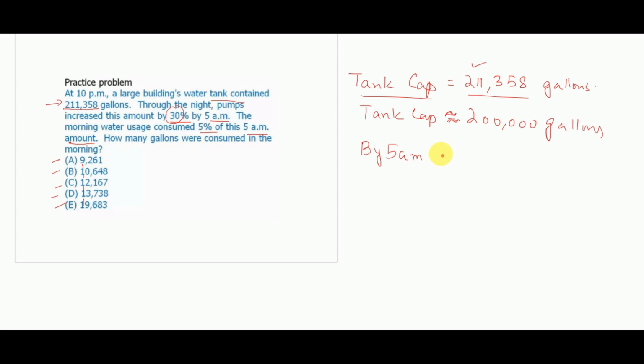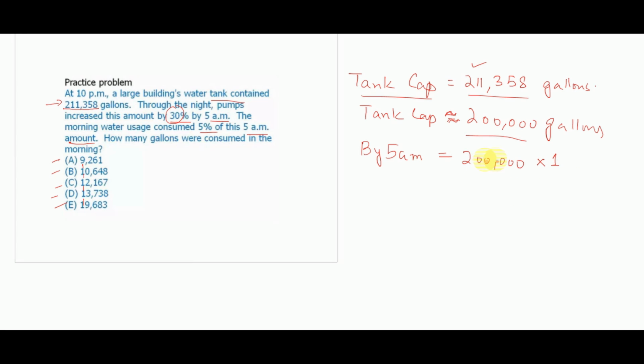Now, one easy way to add X% to a certain amount is to take that number first. Since by 5 a.m. the pumps had increased the amount by 30%, we'll take 200,000 and multiply it by 1.